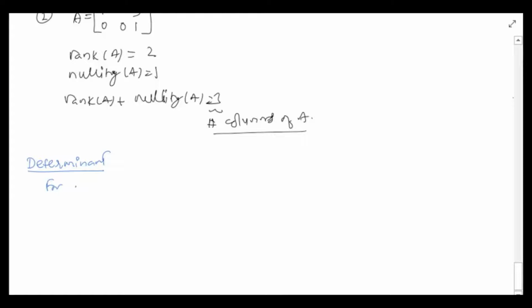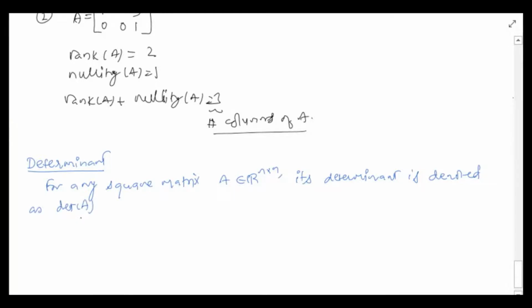So for any square matrix A, say an n by n matrix, its determinant is denoted as det of A, or sometimes as this.